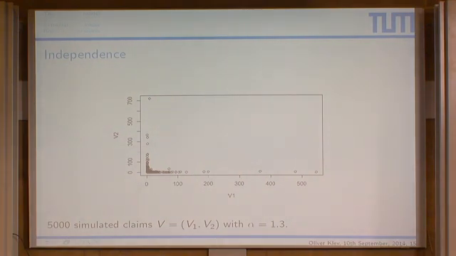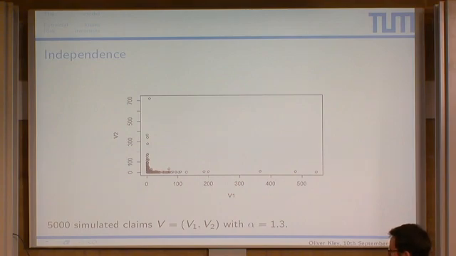Regarding independence, I simulated 5,000 claims of such a bivariate vector with Pareto distribution and index 1.3. What you see is that the big losses, although this is a bivariate vector, are concentrated on the axes. There is no mass in the interior, which would certainly not happen if I had plotted 5,000 normally distributed claims.